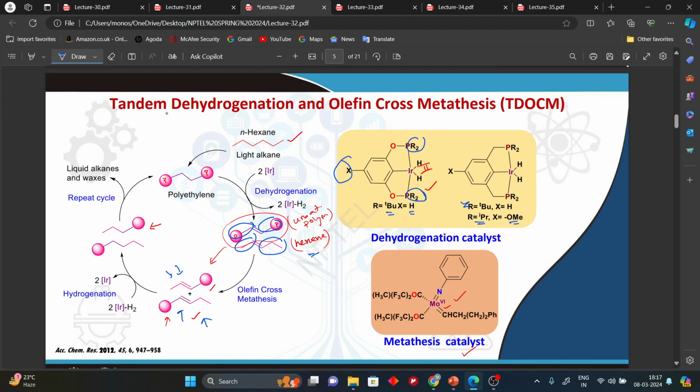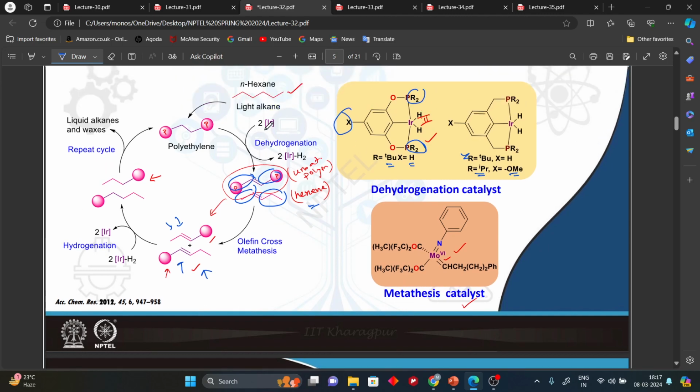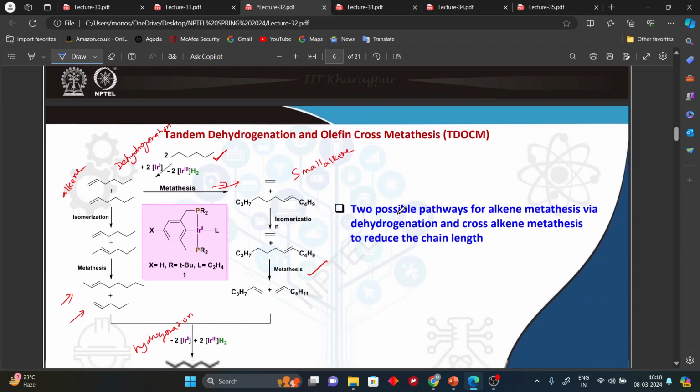That's how this tandem dehydrogenation and metathesis happens in the presence of this iridium catalyst. Not only iridium, a molybdenum-based catalyst is also used for this metathesis. For hydrogenation and dehydrogenation, the iridium catalyst, and for metathesis, this particular molybdenum-based reagent.